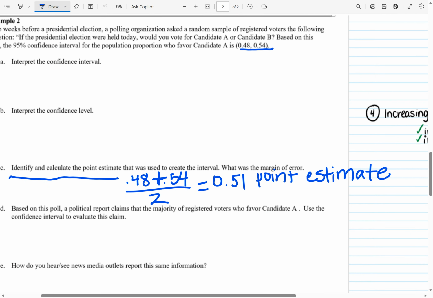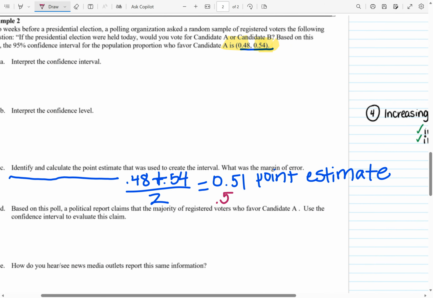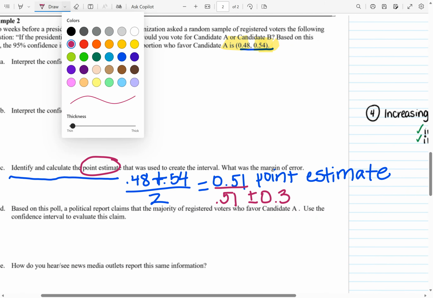And then I have to figure out, okay, how much did I have to add to 0.51 to get 0.54? And how much did I have to subtract? So here we can do a little bit of mental math. If I take 51% or 0.51 and I add and subtract 0.3 percentage points, that will give me my margin of error. So the question is, what's the point estimate? Well, my point estimate is 0.51. What is the margin of error?